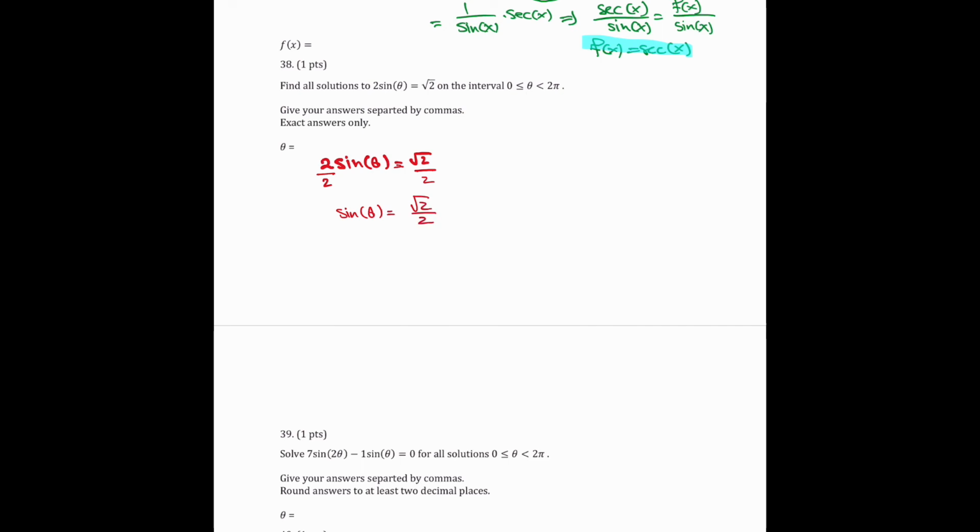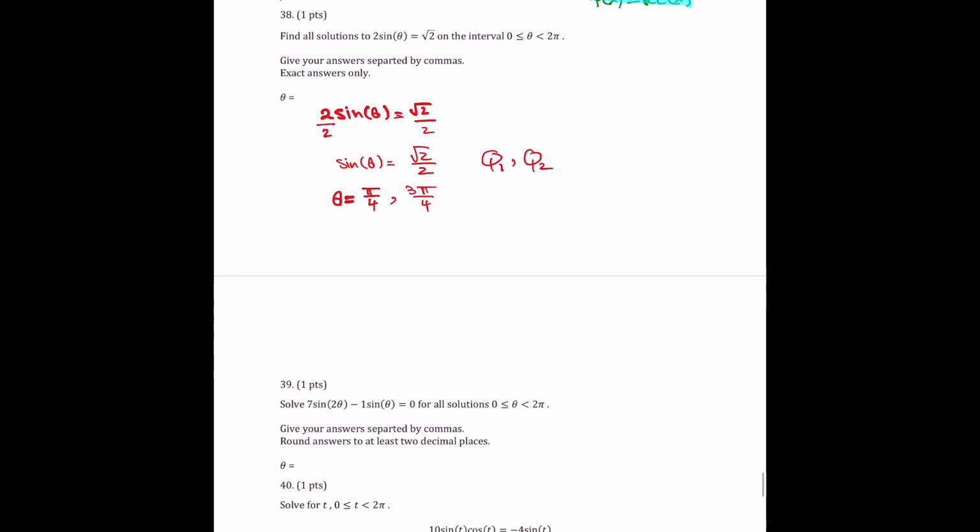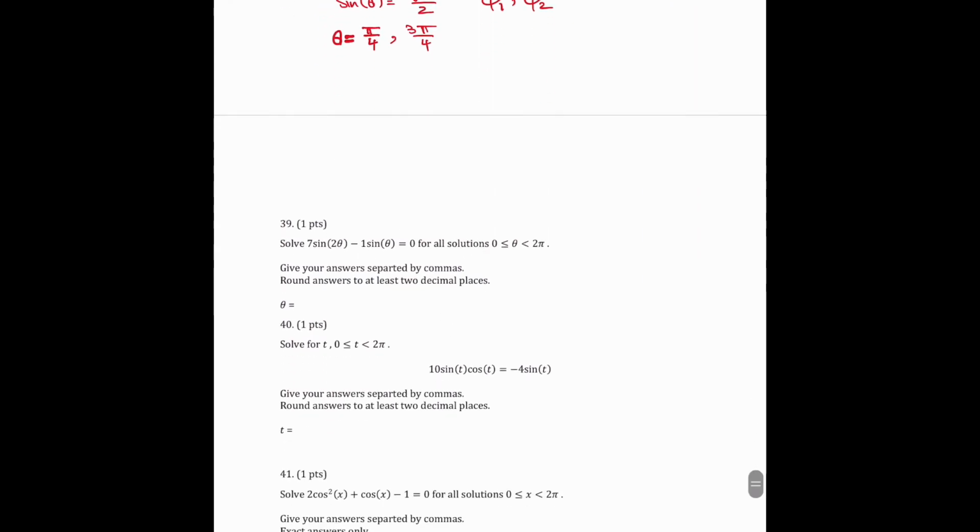I know that sine is positive in the first quadrant and the second quadrant. So the first angle in the first quadrant that gives sine equals square root of 2 over 2 is pi over 4. And then in the second quadrant, it is 3 pi over 4. So the answer is pi over 4 and 3 pi over 4. I'm going to stop there because I'm working over one revolution.